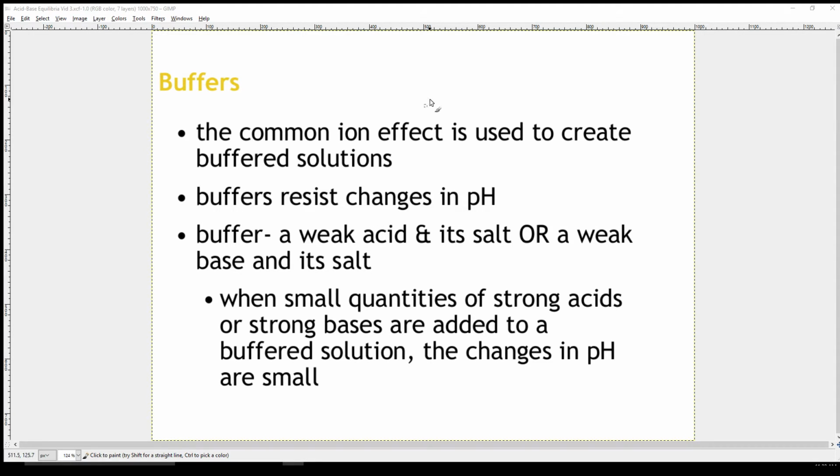So the common ion effect is used to create buffered solutions. Think back to our acid-base notebook. We had some common ion situations where you mix together, let's say, ammonia, which we know reacts with water to form NH4+ and hydroxide.